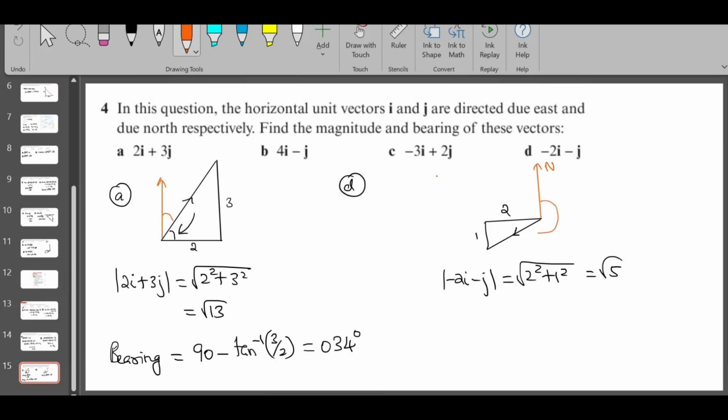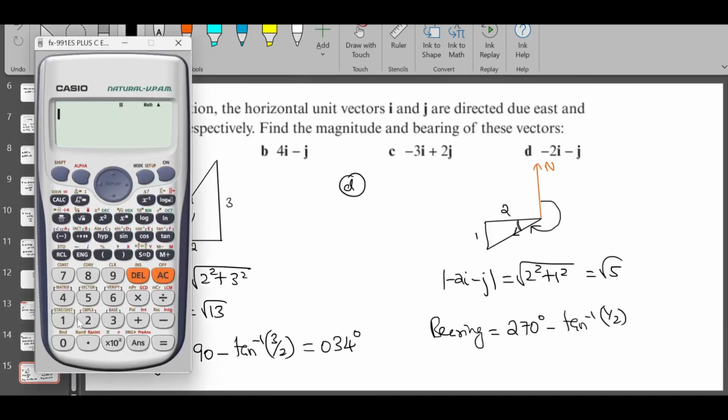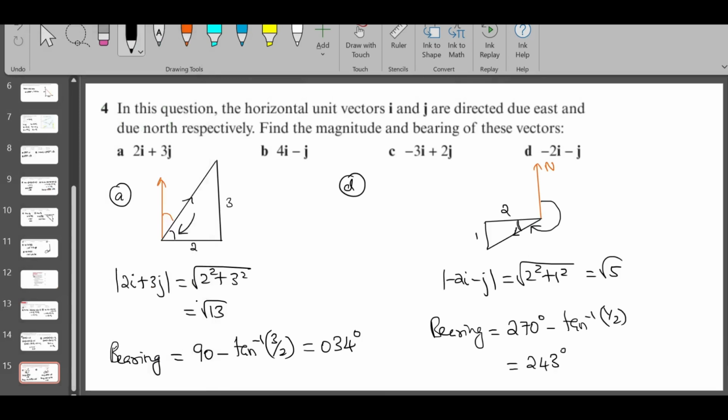So this angle is 270 minus this angle. That will give you the angle from north to the vector, right? So the bearing is 270 degrees minus tan inverse of 1 over 2, which is 243 degrees to the nearest degree. That's all.